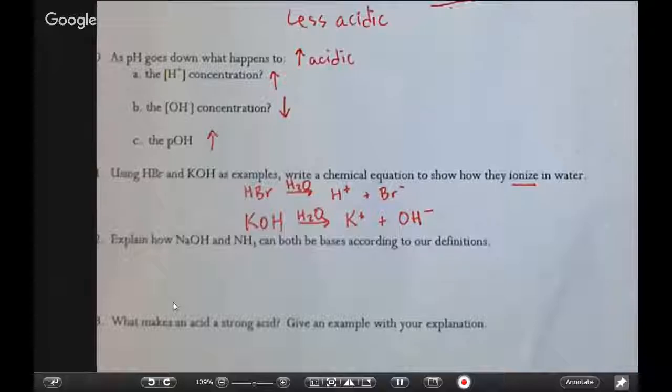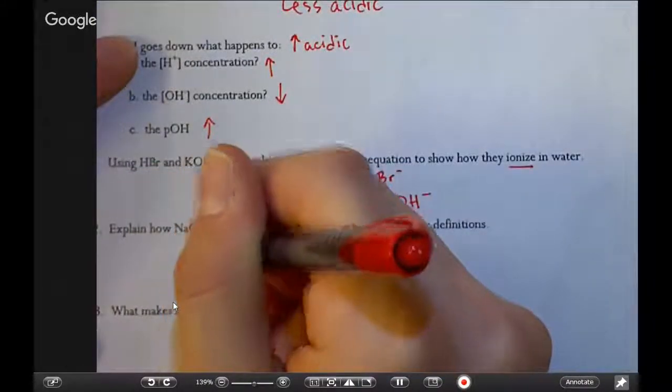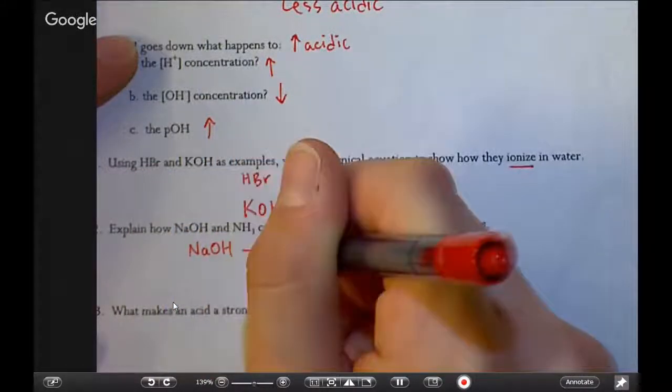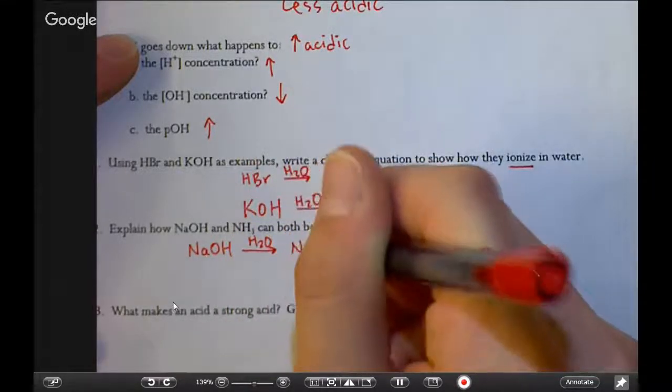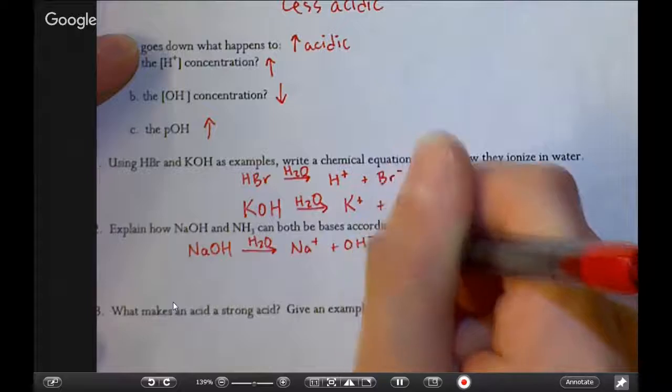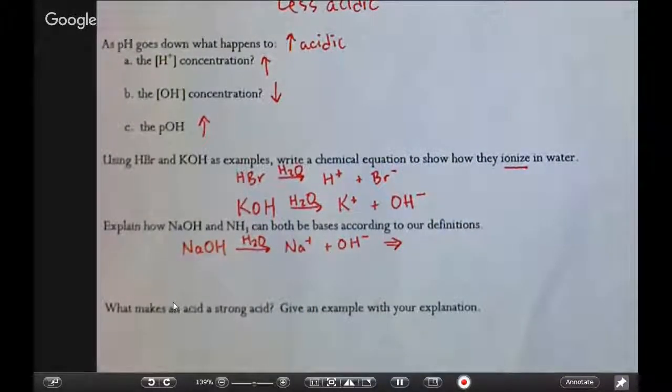Okay. For 12, explain how NaOH and NH3 can both be bases according to our definitions. Well, if NaOH goes into water, we can dissociate into sodium and hydroxide ions. Which definition are we using when we say that in water we produce hydroxide ions?